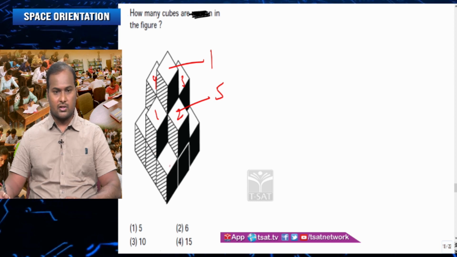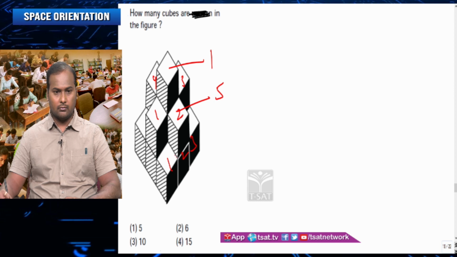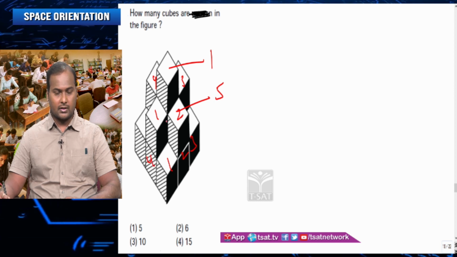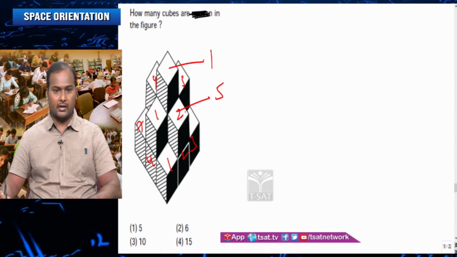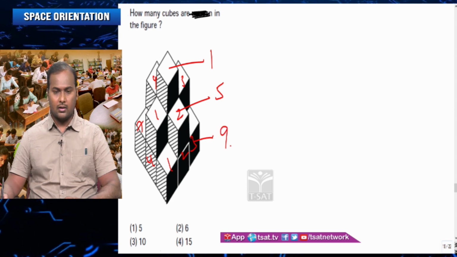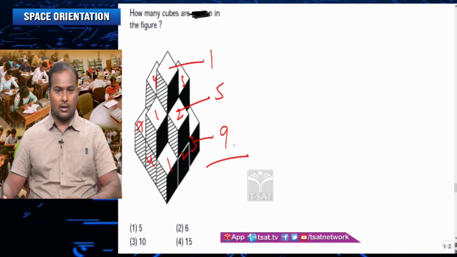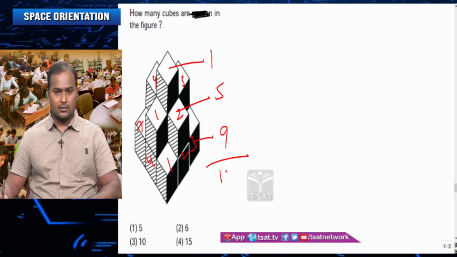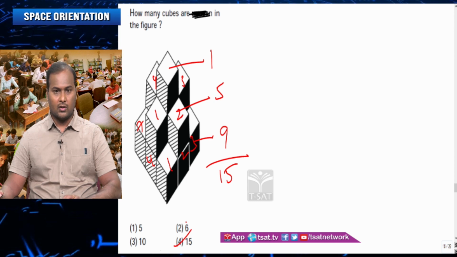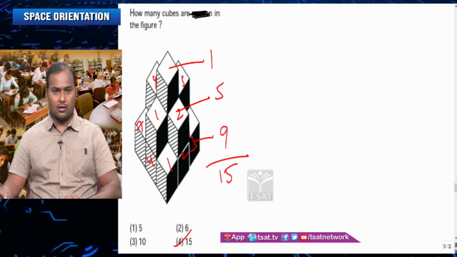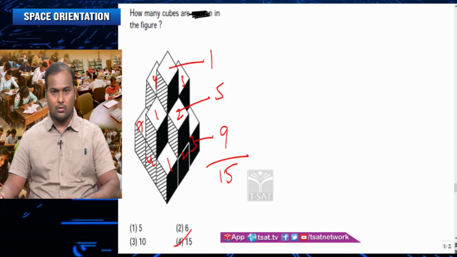At the bottom that is visible is 1, 2, 3, 4, 5 center, 6 on the other side, again 7, 8, 9. So total 9 at the bottom. If you add 9 plus 5 plus 1, so 15 is the answer. So your answer is option 4. So in this case both visible and not visible you need to take into count.